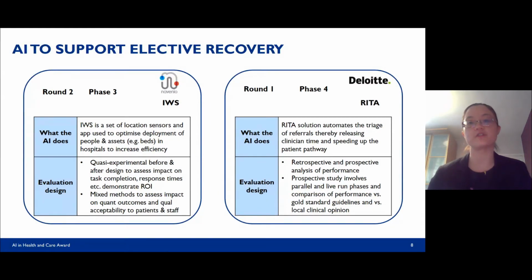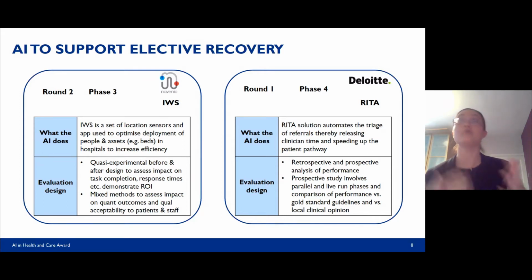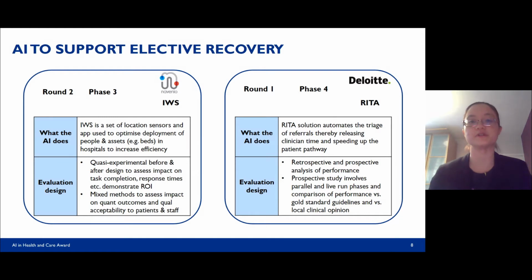It's their intelligent workforce systems technology, which is a set of smart sensors and an app that enables the tracking of both people and beds in hospitals, and consequently the optimization and increase in efficiency of use of those assets. It's been termed the Uber for people. So that can hopefully increase efficiency within hospitals and thereby enable a reduction in waiting times and waiting lists.